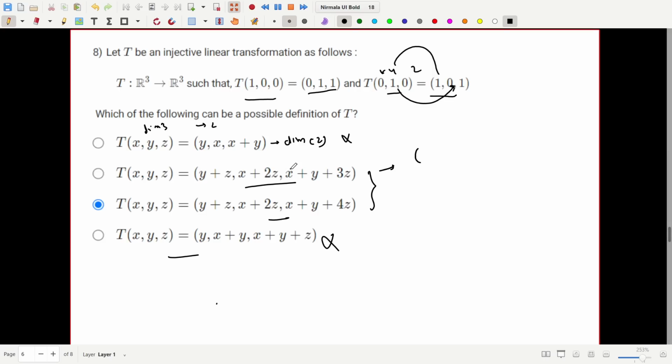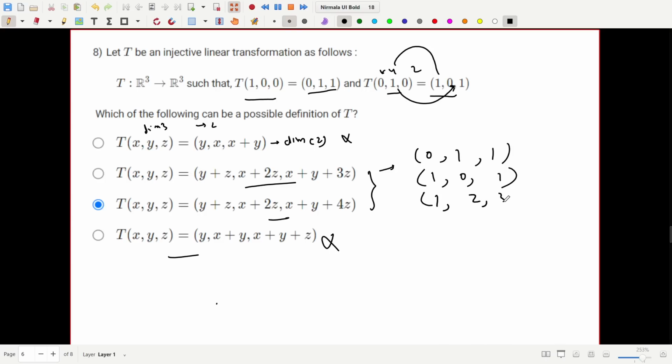The first one, if we put x equal to 1 and the rest 0, will be 0, 1, 1, and if y is 1, then it will be 1, 0, 1, and the third one, if we put z equal to 1, then it will be 1, 2, 3.